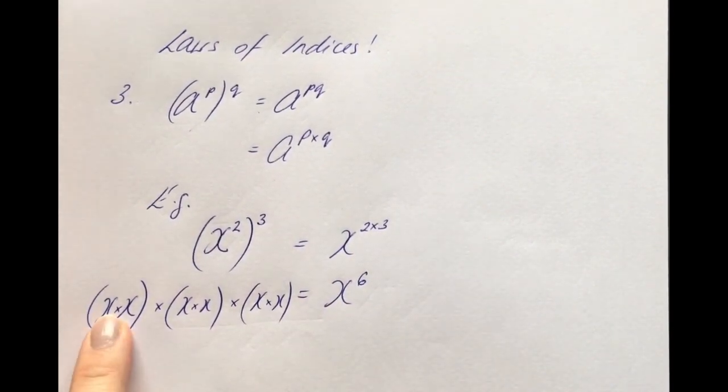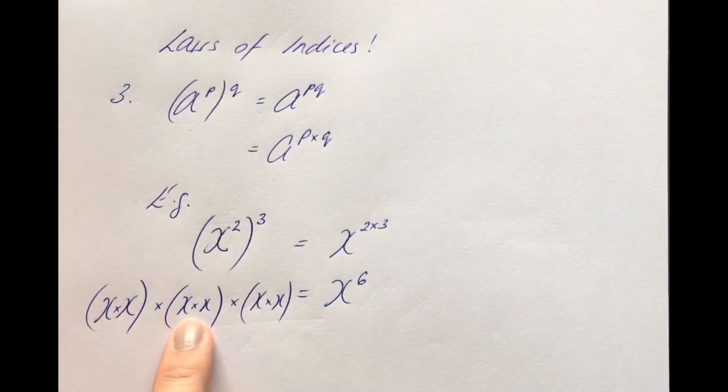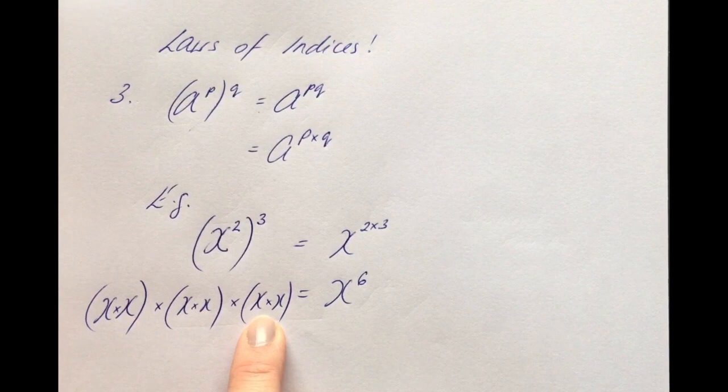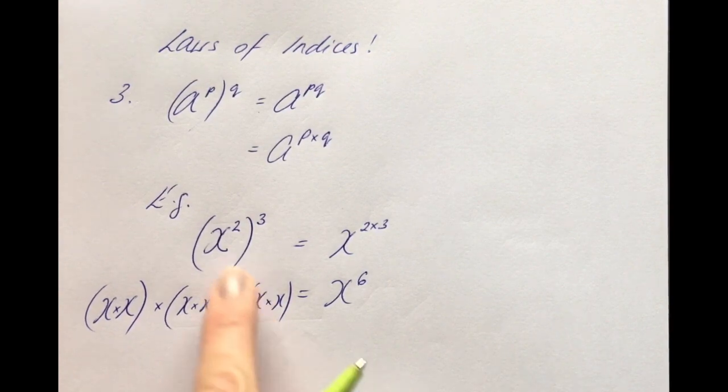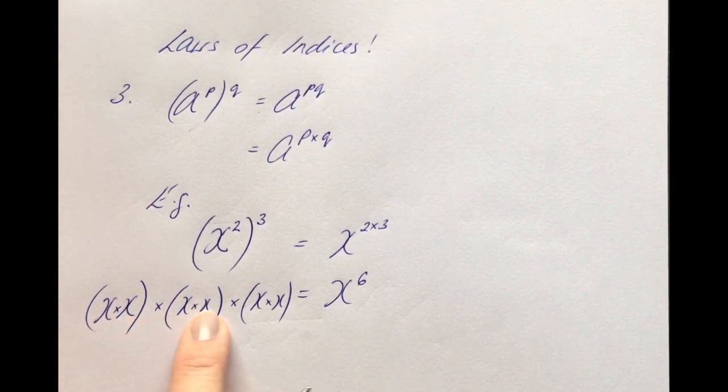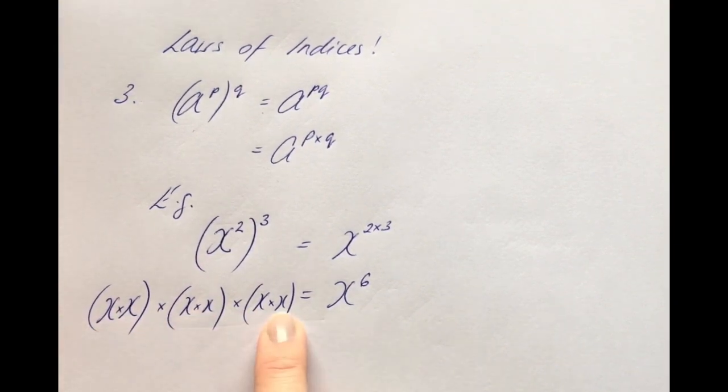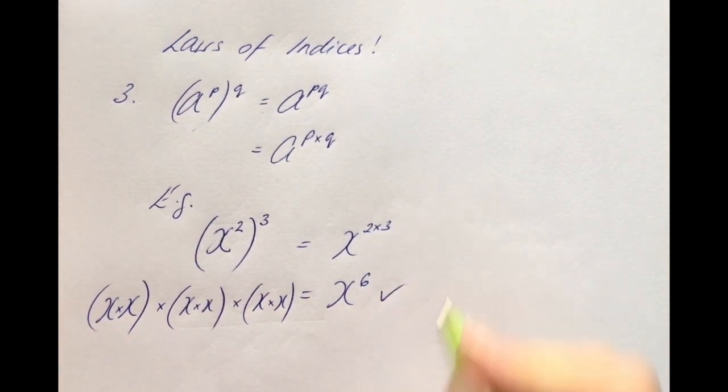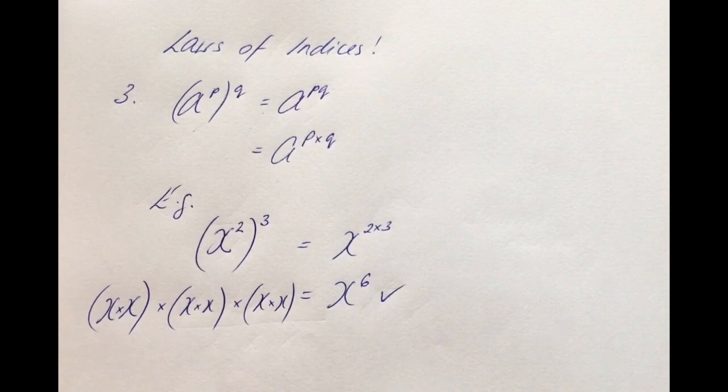So you'll have x by x times itself once, x by x again twice, and times x by x again 3 times. You have x squared multiplied by itself 3 times. And of course, what are you left with? X times x times x times x times x times x, which of course is x multiplied by itself 6 times, which is x to the power of 6. So that's where that's coming from.